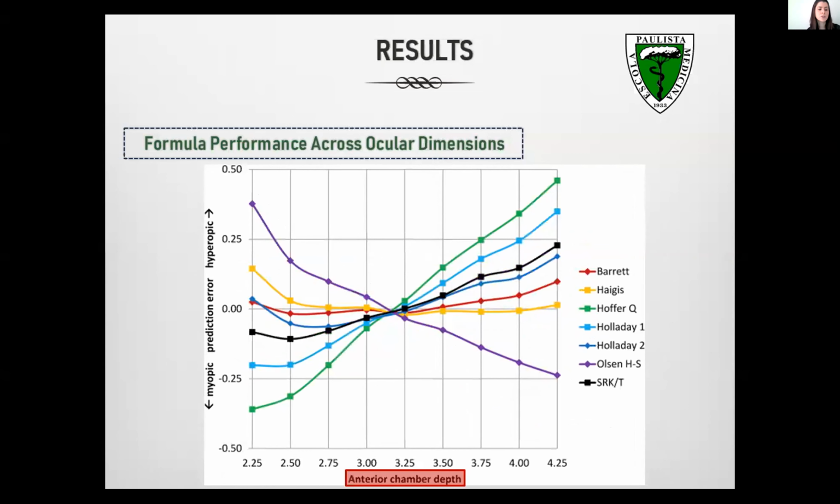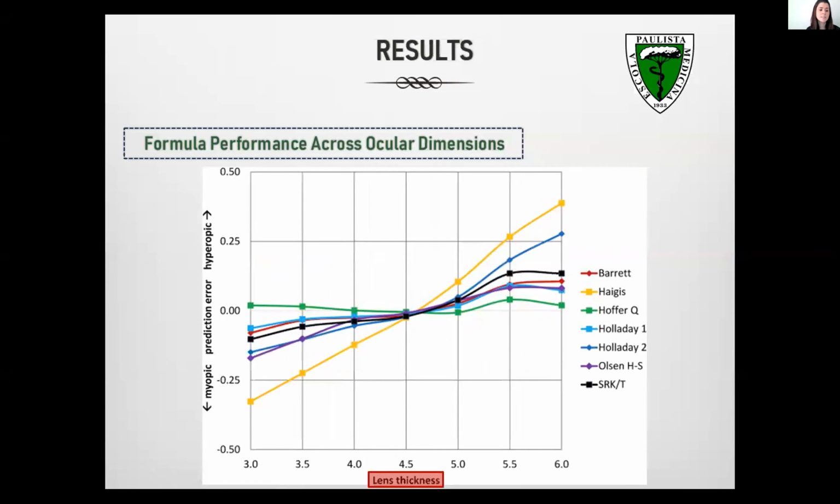This third figure demonstrates that Hoffer Q in green and the Olsen formula in purple have significant bias with varying anterior chamber depth in opposite directions, whereas the Huygens formula, shown in yellow, shows little deviation in the prediction error.